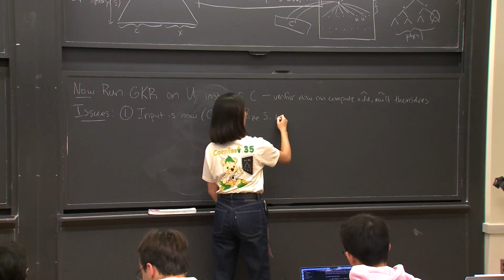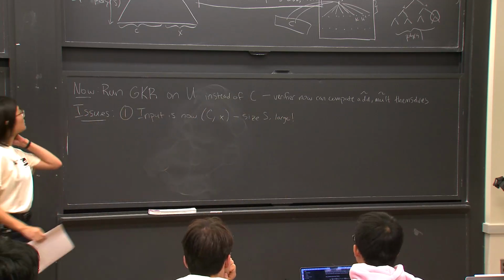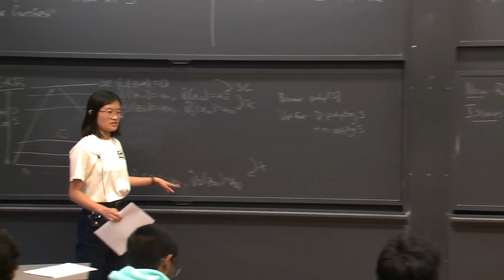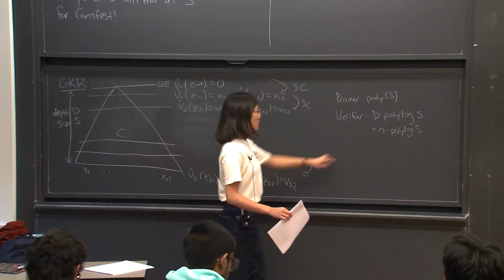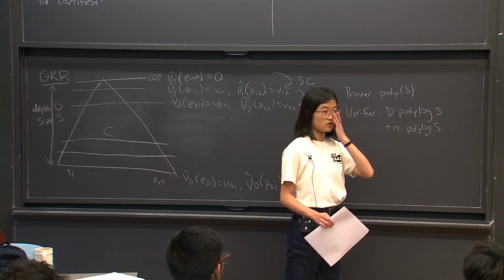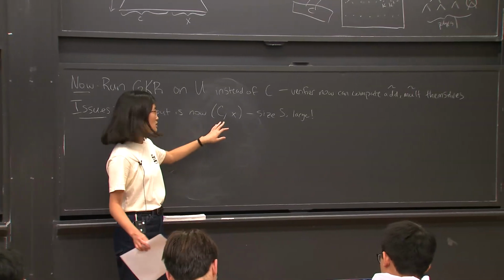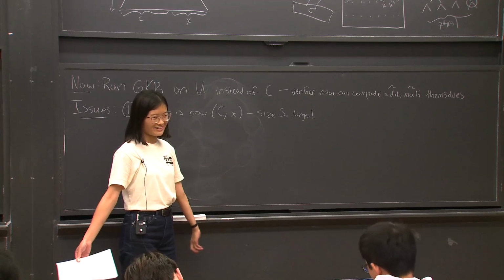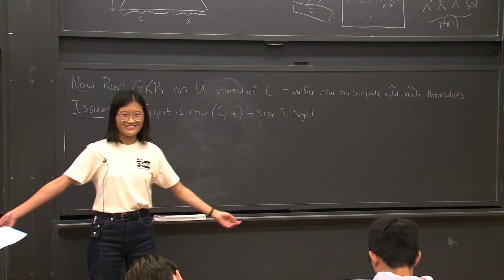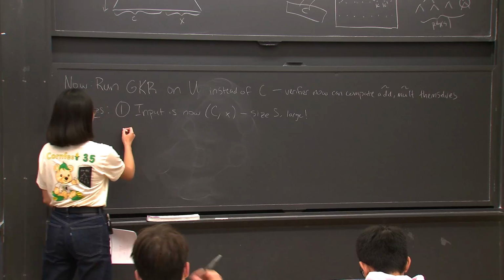If you remember from the GKR protocol, the verifier at the very end has to compute some points in the low degree extension of the input. Before, the input was only size n, so they could compute it by themselves in only n times polylog time. But now the input also has C, which is size s. So now you have to spend time poly s to compute the final layer, which is bad. We wanted the verifier to be efficient, and now we're kind of back to square one. We're going to deal with this.